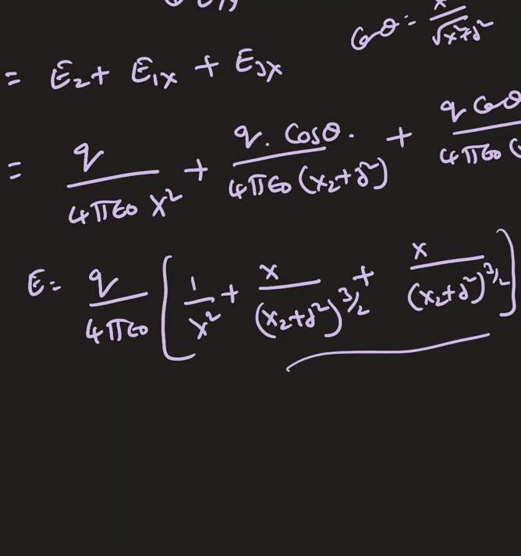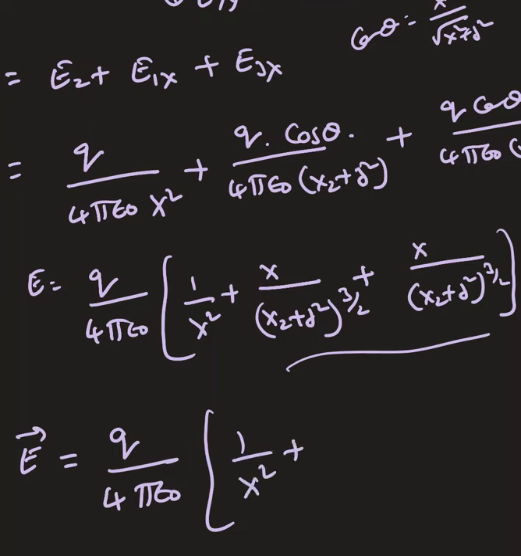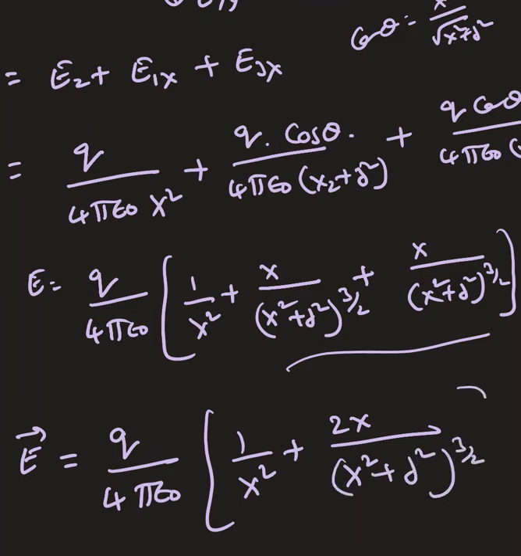These two quantities are the same, so I can write them as 2x. So the electric field at point P because of 3 point charges of equal amounts is Q over 4 pi epsilon naught times 1 over x square plus 2x over x square plus d square to the power of 3 by 2. This is the electric field at point P because of 3 point charges.